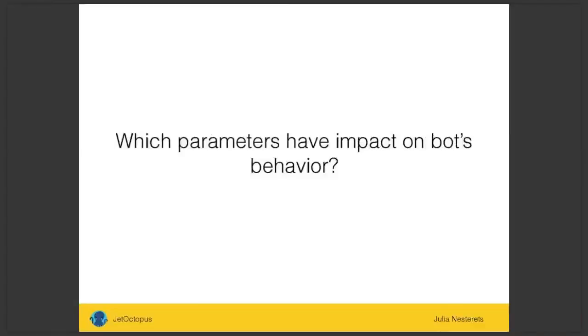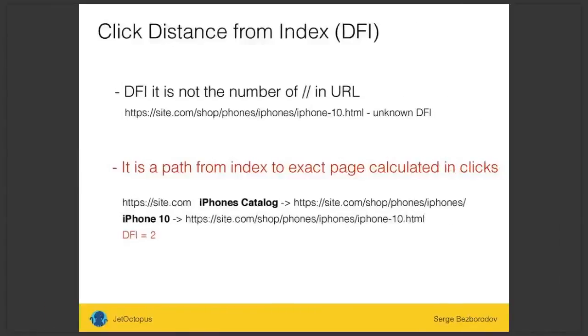Which parameters have an impact on the bot's behavior? This is a very interesting part. Click distance, DPI. And it is actually unexpected for us how SEO experts perceive this parameter. Usually it is perceived as the number of slashes in the URL. And this is wrong. It is not true.